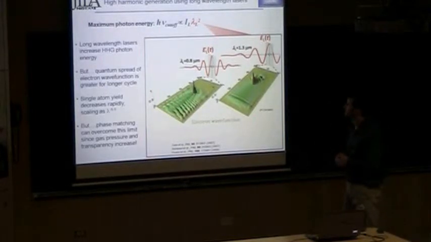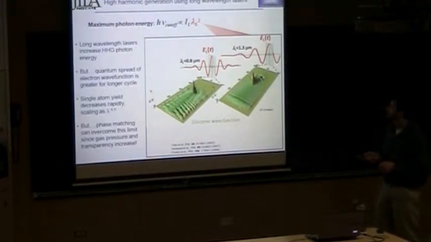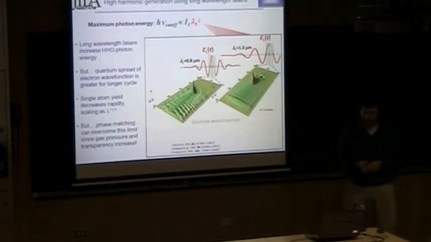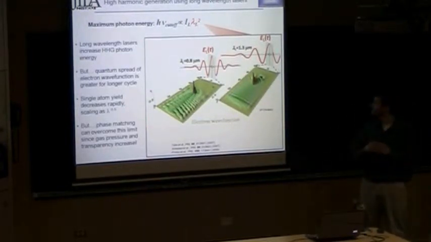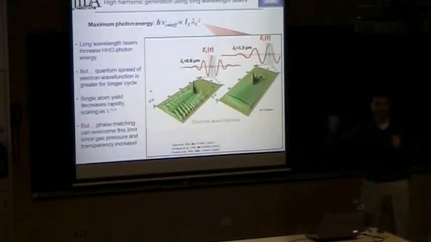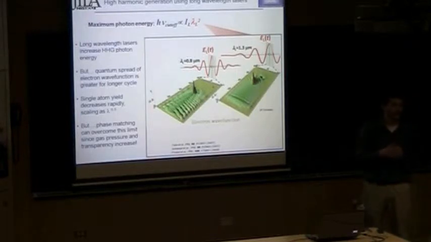And so to understand that, the simple picture to think about is that your electron is a quantum mechanical object. As you go to a longer laser wavelength, it spends more time accelerating in the laser field before returning to the atom, so it gets more energy.